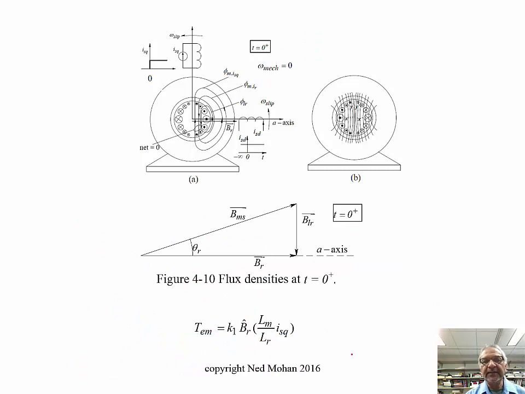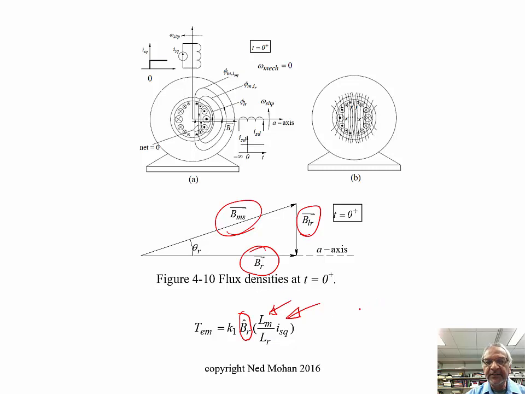Here it's showing what the three flux density distribution space vectors are doing. You have leakage flux, and the net flux is over here. But the bottom line is that the torque produced is proportional to the peak of this flux density distribution times the current ISQ, but there's a factor here, Lm over Lr, because of leakage.